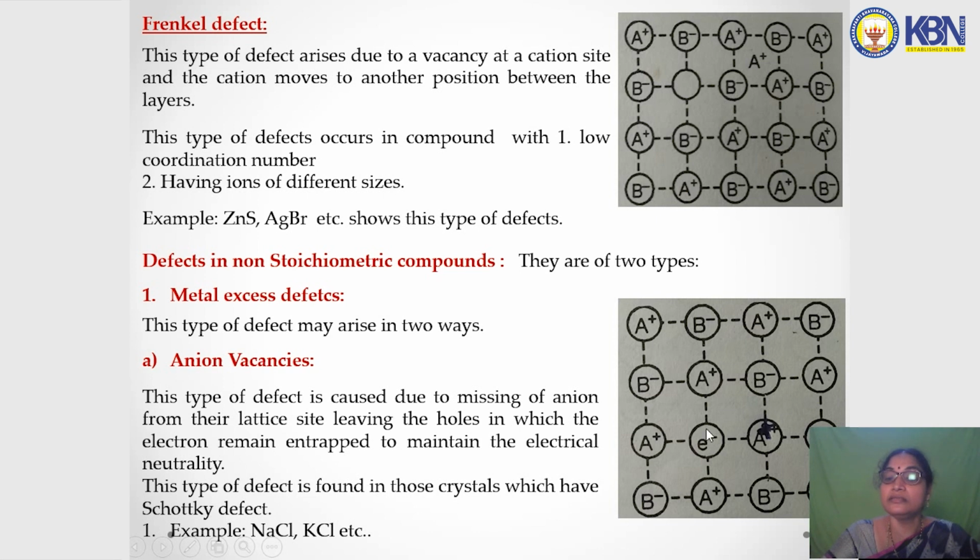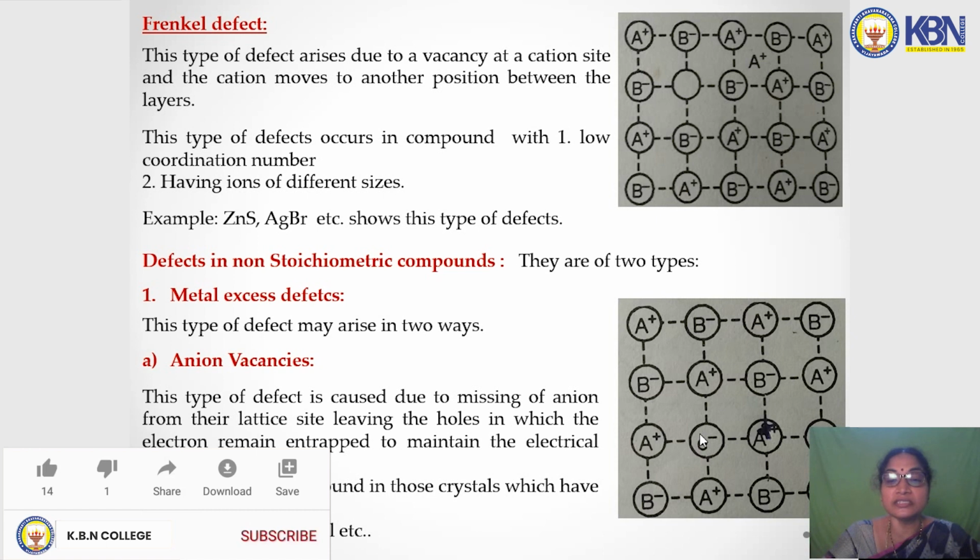See, in this diagram we can observe that an anion is missing from the lattice and an extra electron occupies its place to maintain the electrical neutrality. Therefore, the number of positive charges and negative charges are equal.